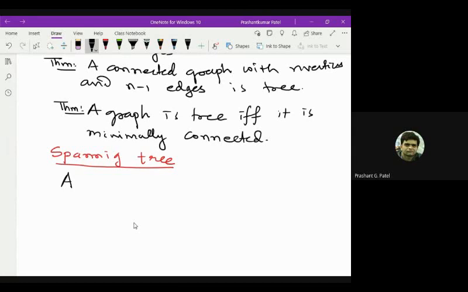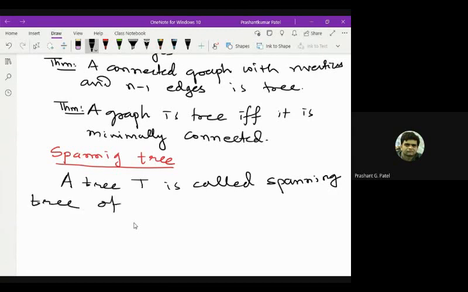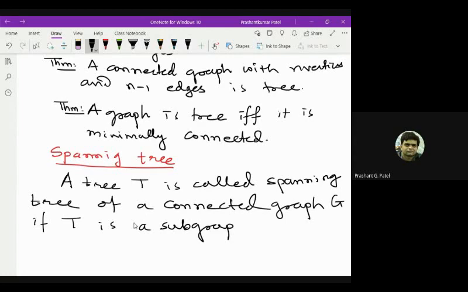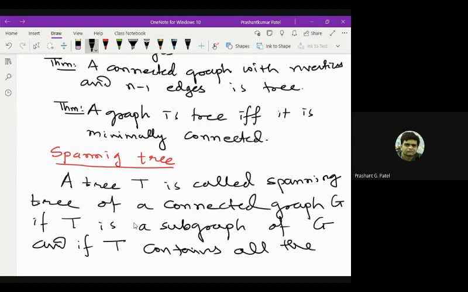So I'm writing: a tree T is called a spanning tree of a connected graph G if T is a subgraph of G and if T contains all the vertices of G.